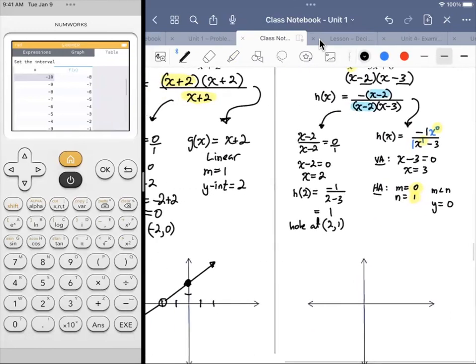So if I want to go to a calculator, I can do that. But I can also just use test points. So I'm going to go out 3 units to get my vertical asymptote. Let me do this in red, actually. So that's my vertical asymptote, x equals 3. My horizontal asymptote, y equals 0.